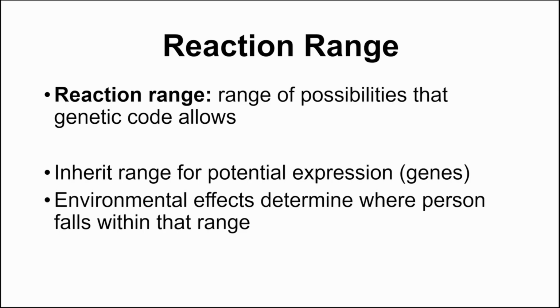And then the environment is going to say, all right, within our genetic limitations, our genetic predispositions, where actually does this individual fall for a particular trait? So the environment is going to decide where in that range we're going to see you in terms of your total phenotype.